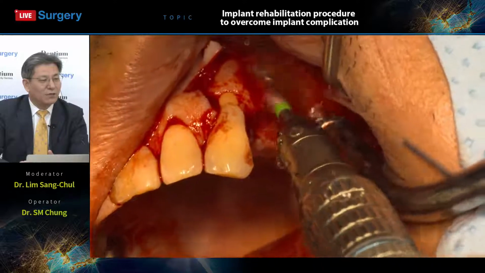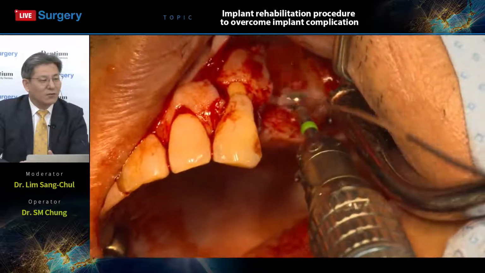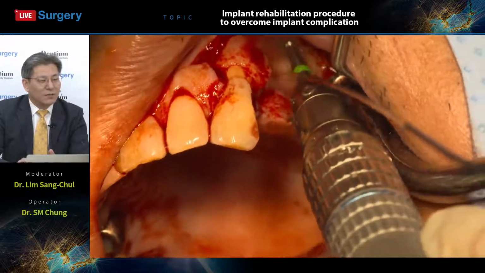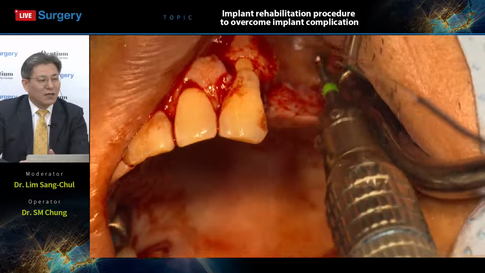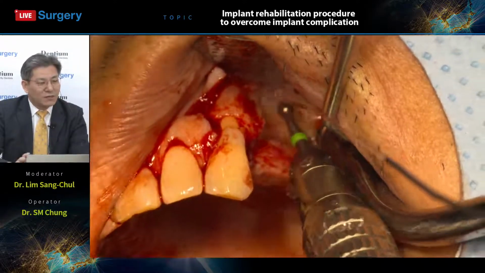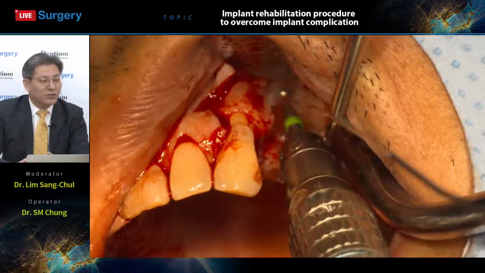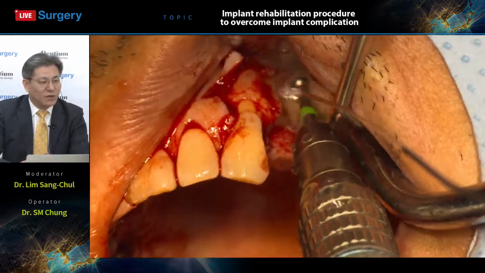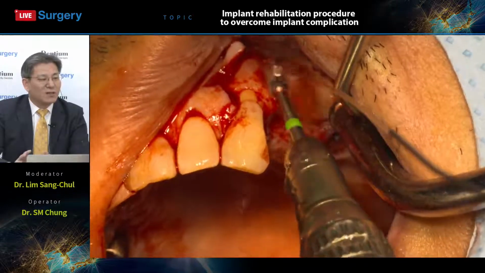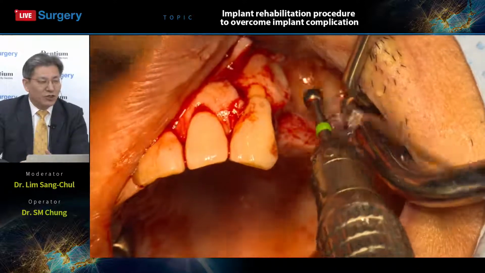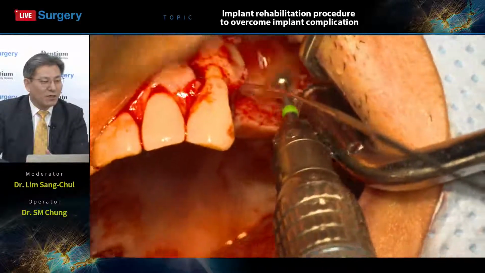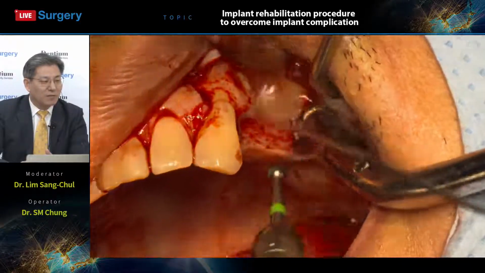Okay, removing the granulation tissues and surface bone. These procedures gave us other advantages. First, removing all the soft tissues attached to the bone surface, and number two, surface activation can be achieved using this grinding with a small diameter carbide bar.